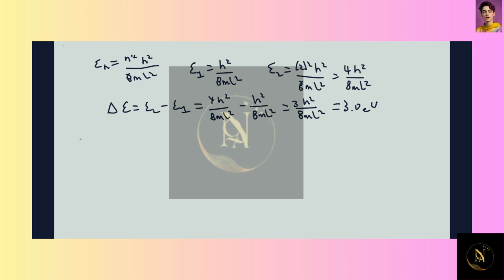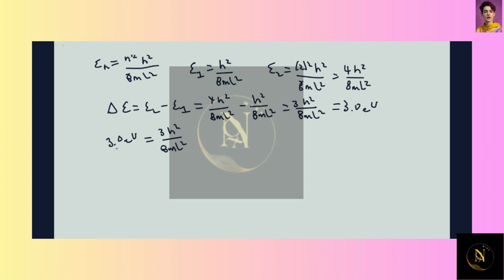All right, so now what we want to do is solve for L. So we have 3.0 electron volts is equal to 3h squared over 8 m L squared.